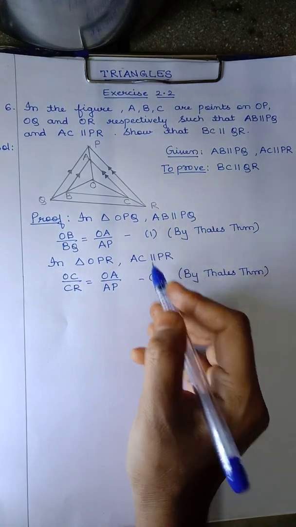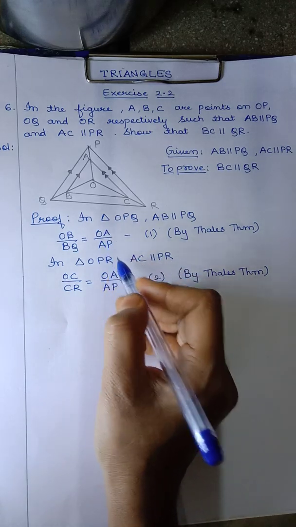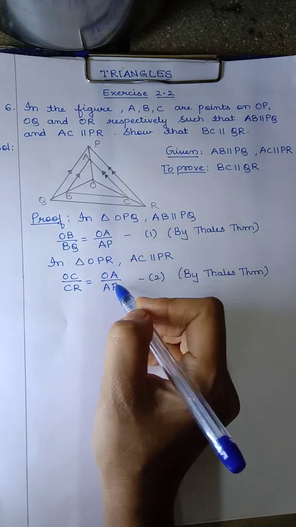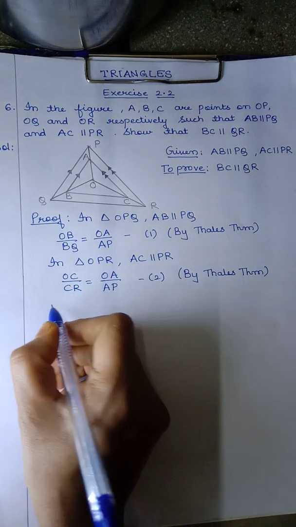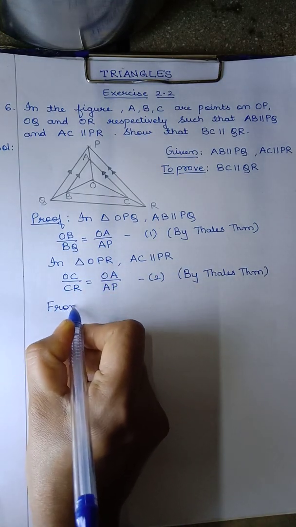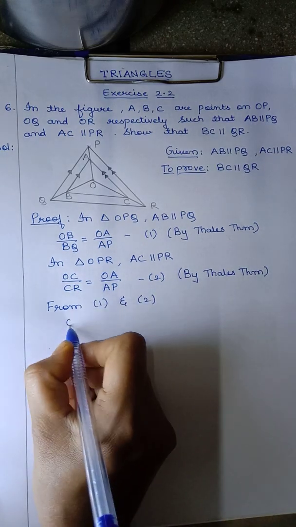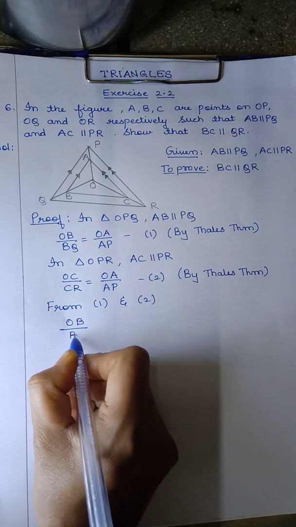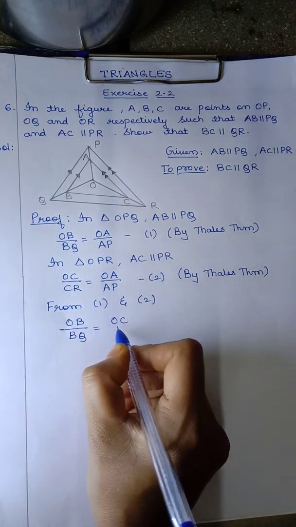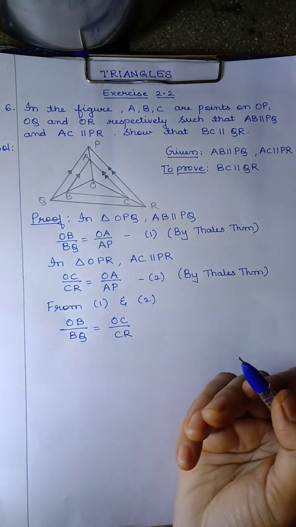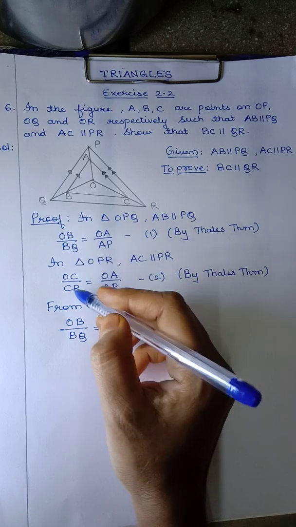Now see equations 1 and 2, children. In equations 1 and 2, you can see that OA upon AP, the RHS, are equal. When the RHS are equal, the LHS will also be equal. So write, from 1 and 2, OB by BQ will be equal to OC upon CR, by axiom 1: things which are equal to the same thing are equal to one another.